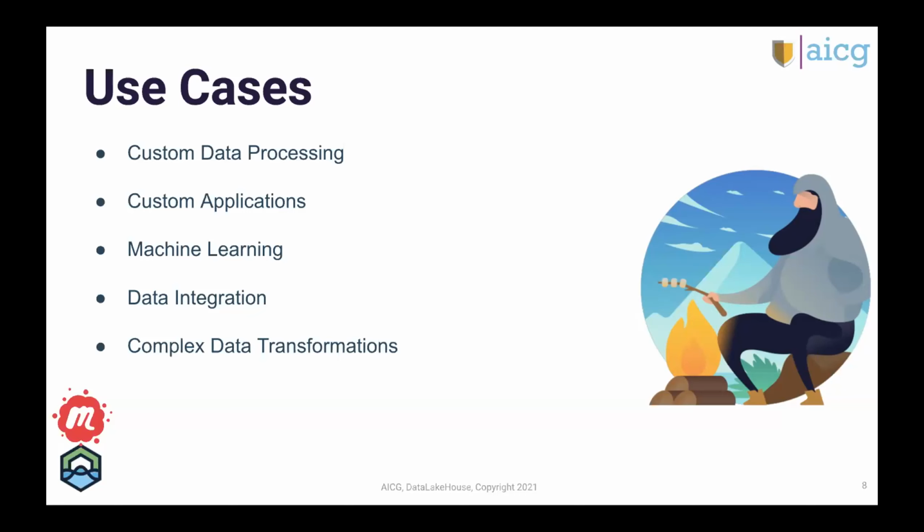Intertwining these into the Snowflake product gives us this Snowpark concept that we can leverage so that we can, of course, leverage other things like data integration and handle very complex data transformation. Data science developers are going to feel quite comfortable working with this framework, as you'll see here in the demo in a few minutes.